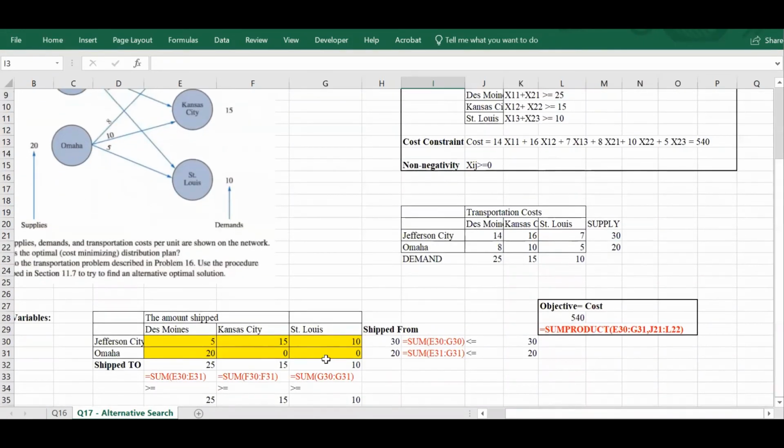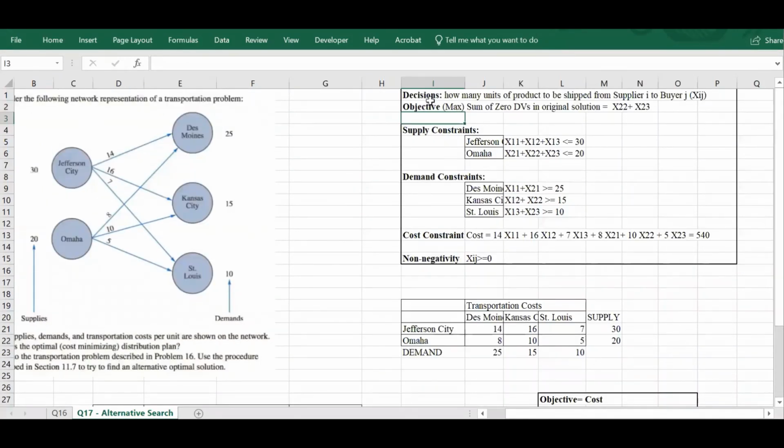Because these are zeros, we are hoping that by maximizing these two, at least one of them takes a positive value. If they do, it means we have found an alternative solution while keeping the total cost at the optimal level of 540.